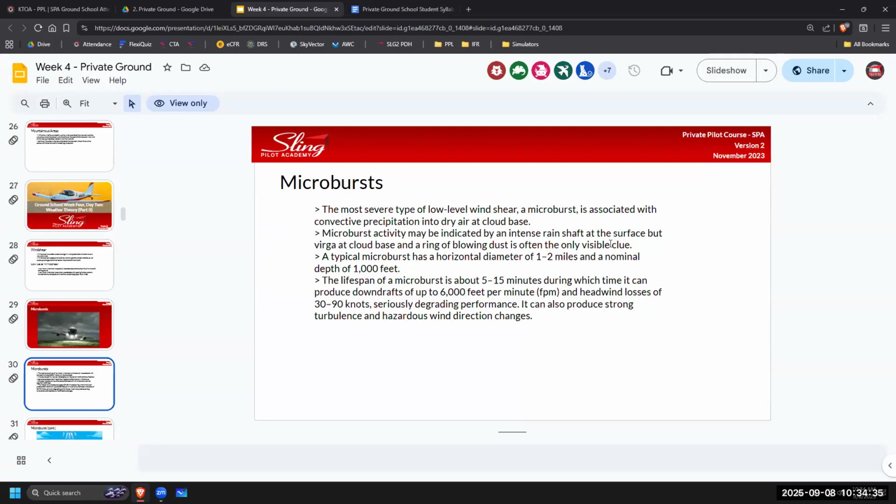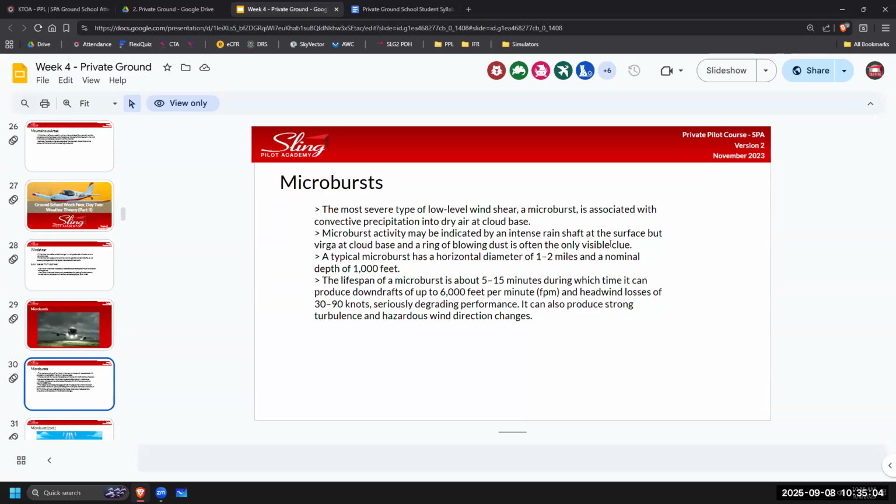It looks like the last commercial accident that happened because of a microburst was in 1994, so it's been a while. Microburst detection systems like Doppler radar have provided better information for pilots to avoid them.